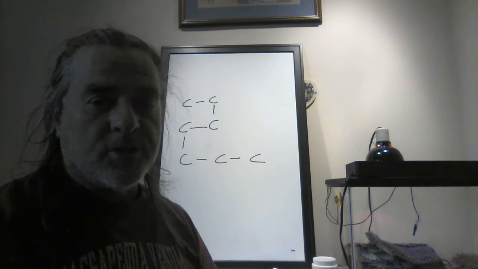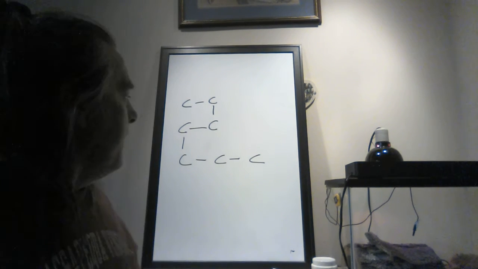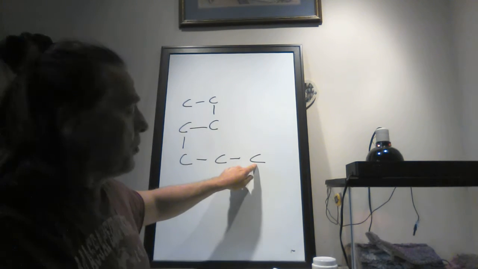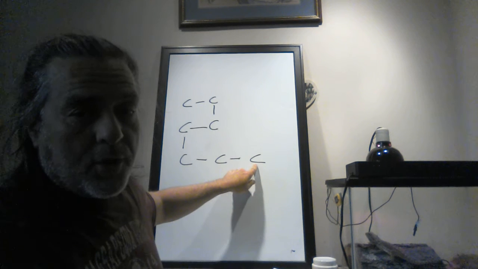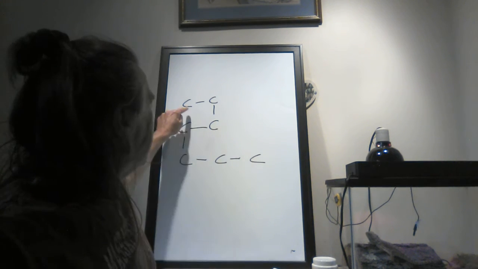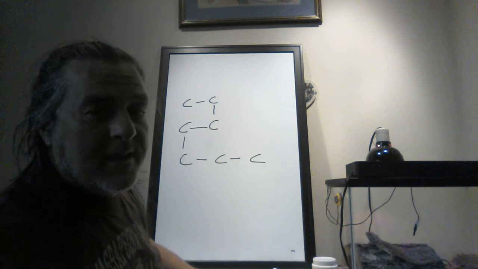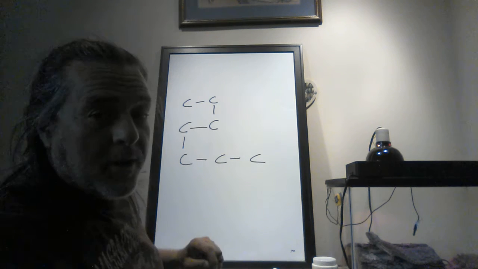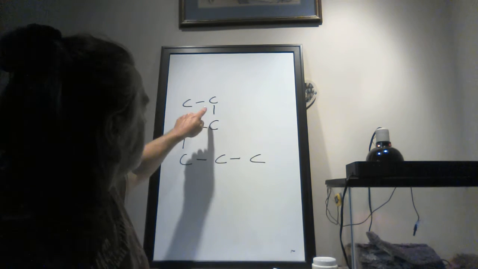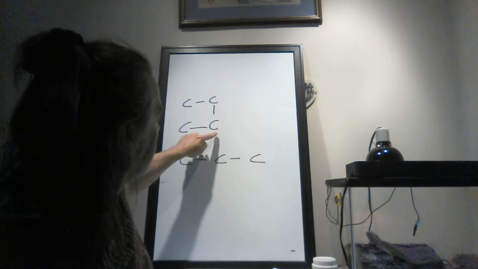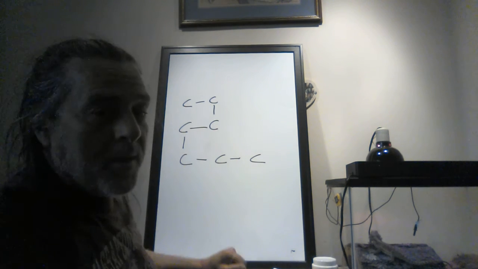There are no branches in that chain. We have primary carbons or terminal carbons, first degree carbons, however you like to refer to them. These end the chain, and all the other carbons are secondary. A secondary carbon has 2 other carbons attached. So it's secondary, secondary, secondary.